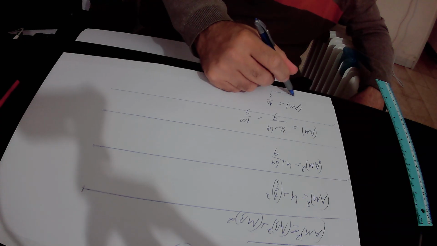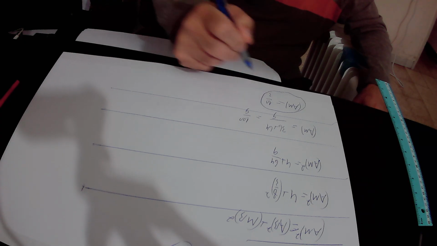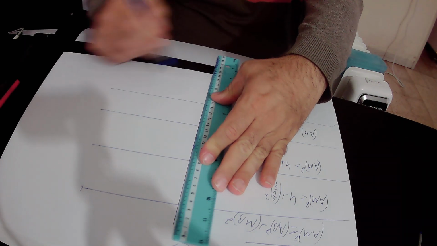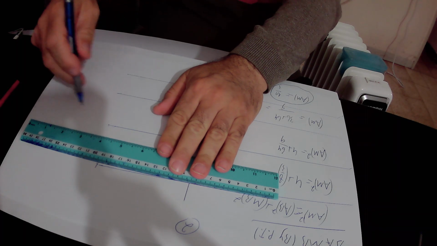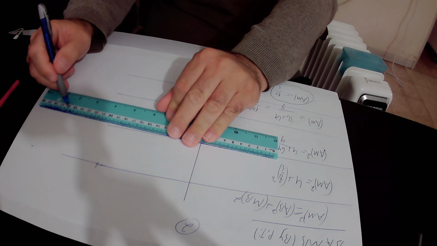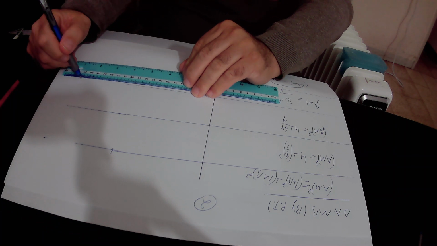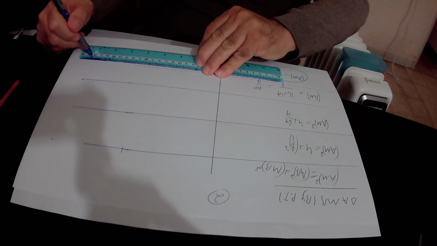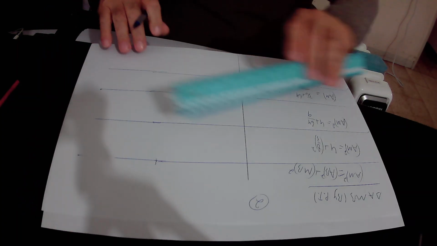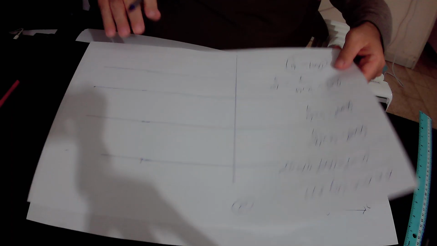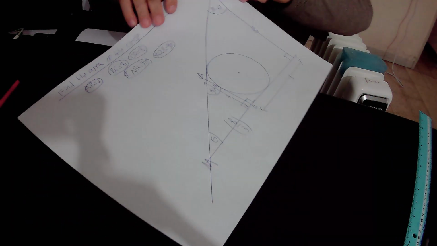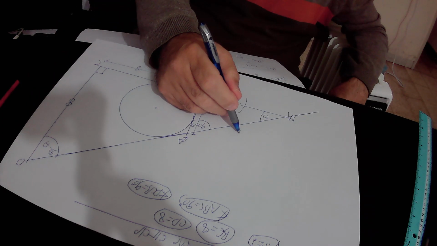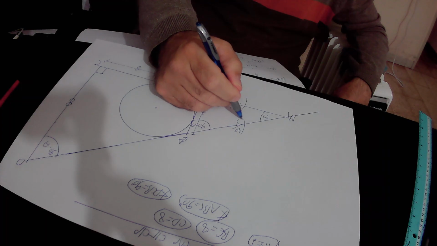So in total we found that AM equals 10 over 3 units. We can write down in the original drawing that the hypotenuse AM equals 10 over 3 units in its length.